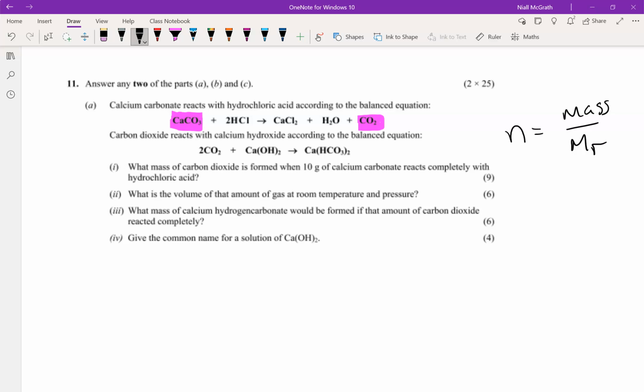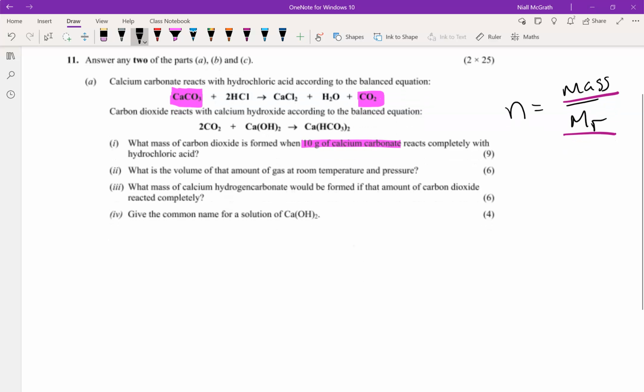Okay, so first of all, we need to find the number of moles of our calcium carbonate. In order to do that, we need to find our mass and our relative mass. We are given the mass in the question. We have 10 grams of calcium carbonate. Calcium carbonate is CaCO3. So we need to find our relative mass. We just need to add up the atomic masses of each atom in there.